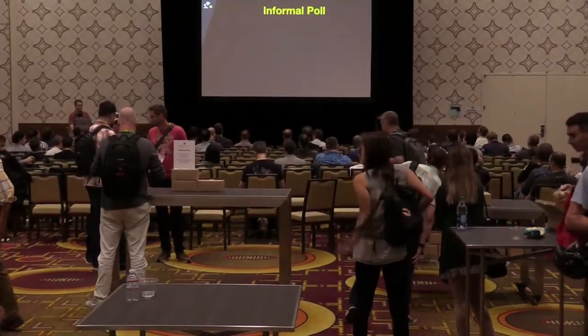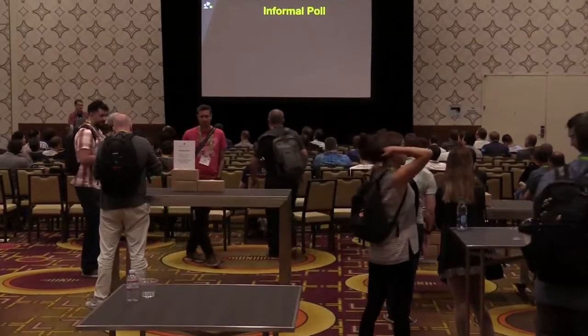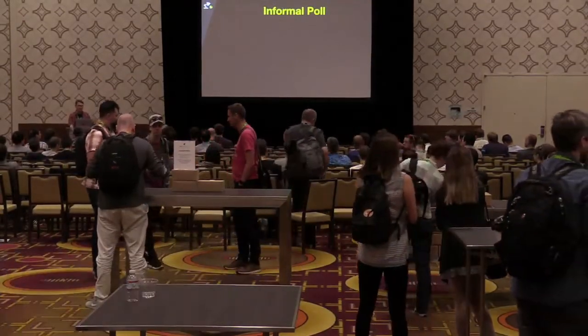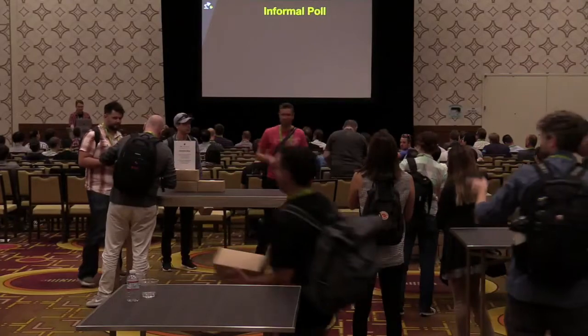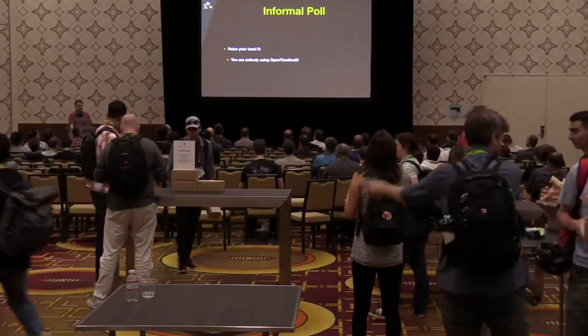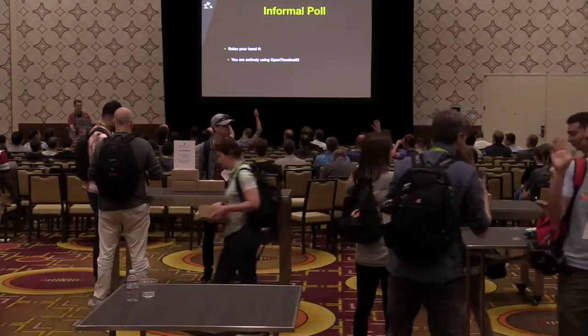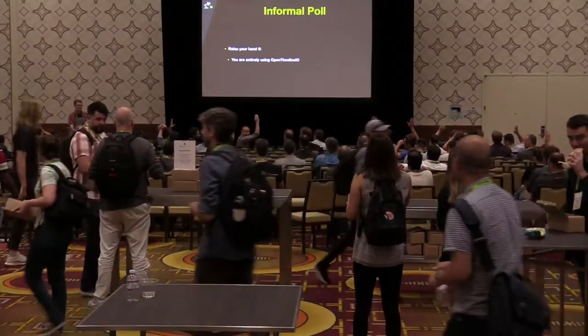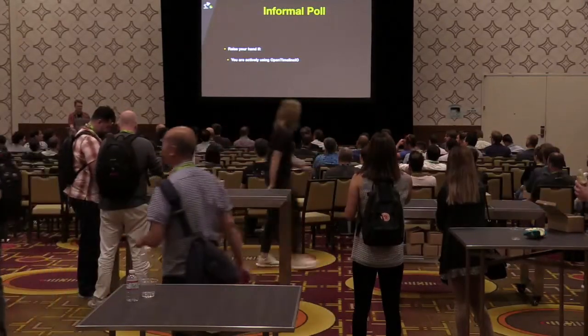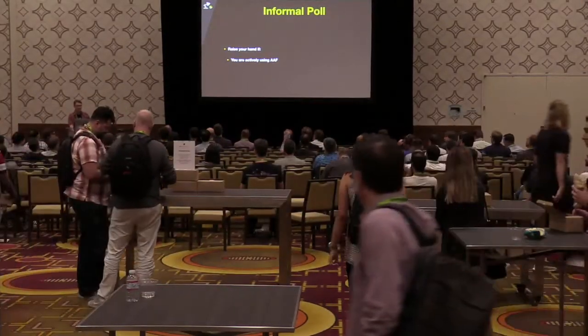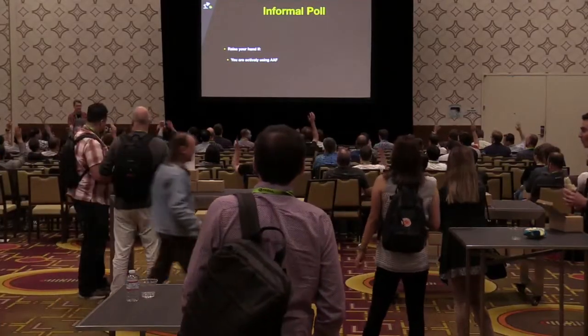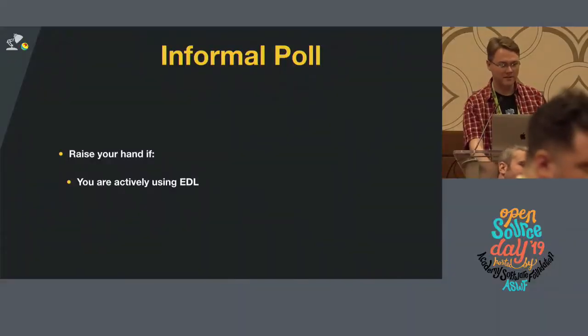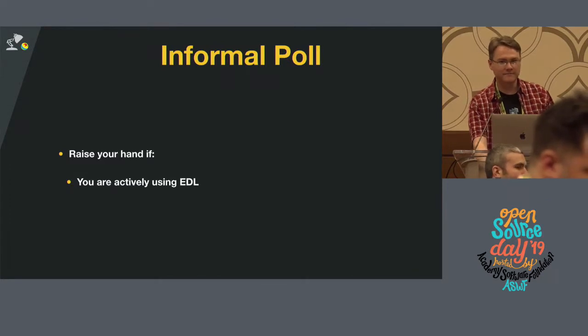But we wanted to start off with just a quick informal poll. This has helped us in the past to gauge who's using what technologies out there. Raise your hand if you are actively using OTIO in some form. Raise your hand if you are using AAF in some form. How about EDL?